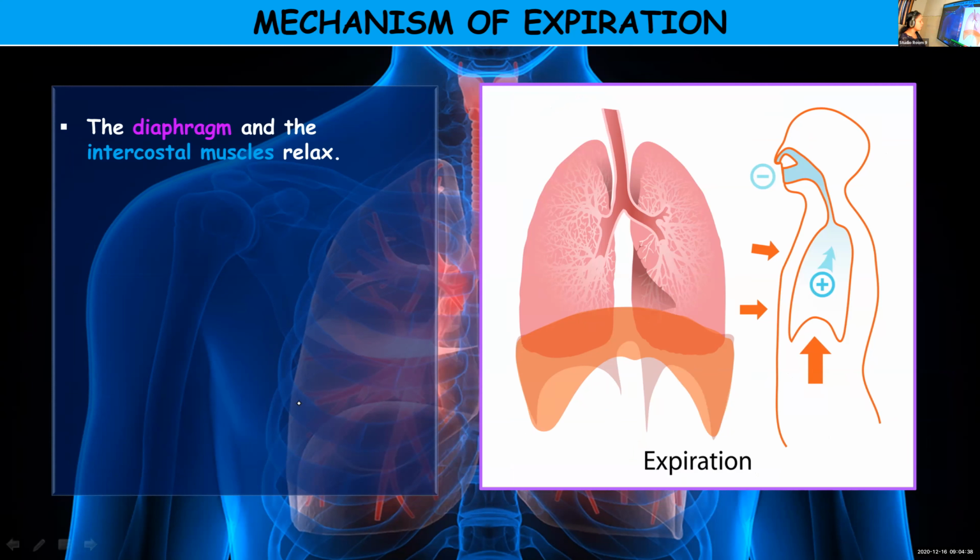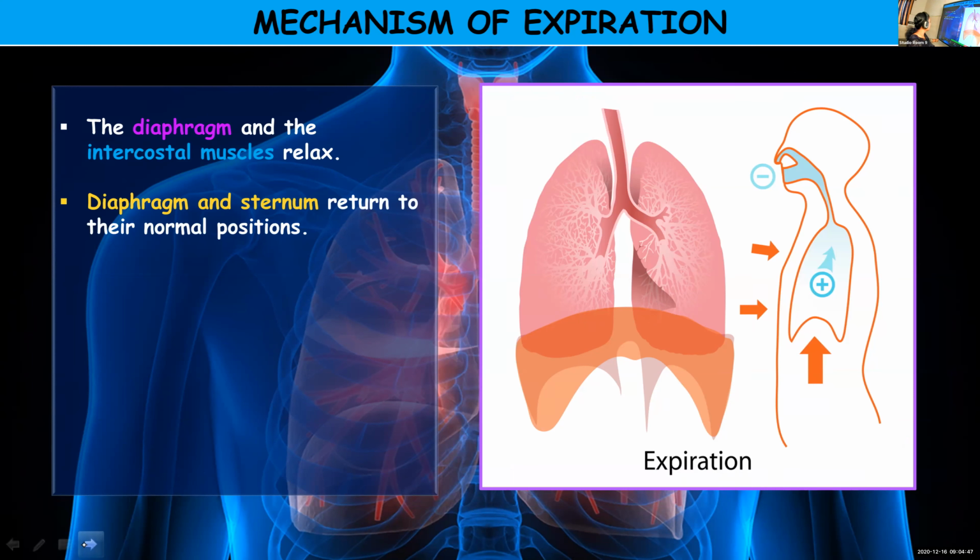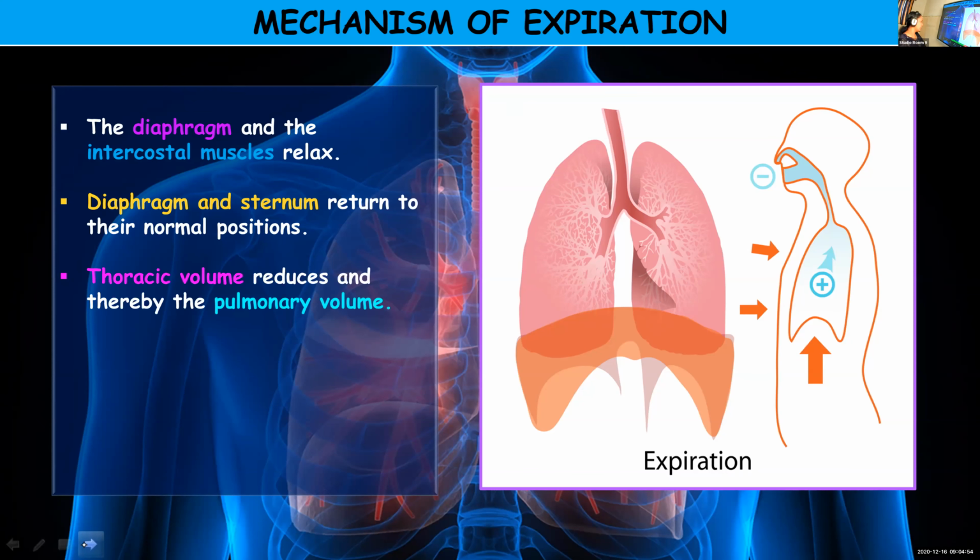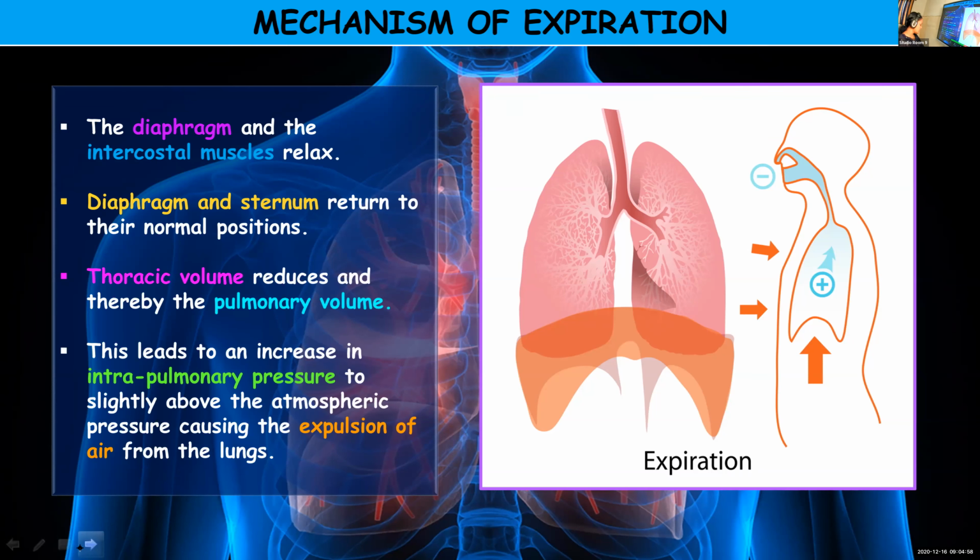The diaphragm and intercostal muscles both relax, and the diaphragm and sternum return to their normal positions. Thoracic volume reduces, and when the thoracic volume reduces, pulmonary volume reduces. When volume is less, pressure increases. So intrapulmonary pressure will increase above the atmospheric pressure, and as a result, air gets expelled out from the lungs.